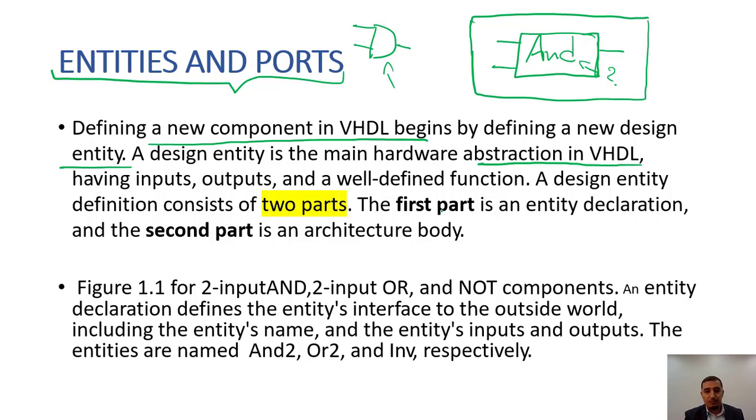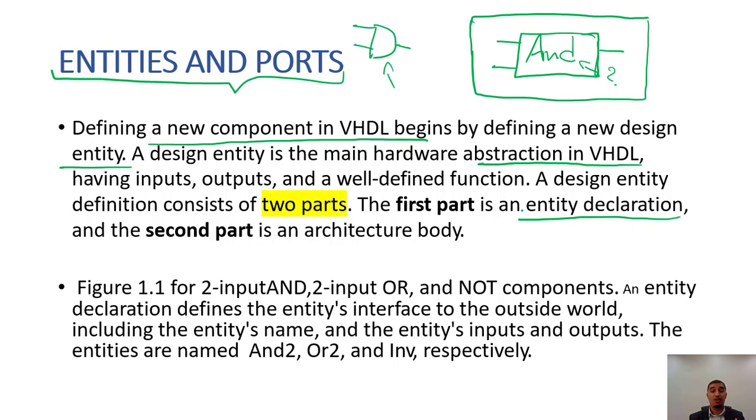So the first part, when designing an entity, is the entity declaration. I need to name it. You need to give your entity a name. There are a few things you need to remember, and I'm going to talk about them in detail. When giving names, it's very important not to use reserved words. It's very important to name your entity the same name as your project when you're working in the lab.